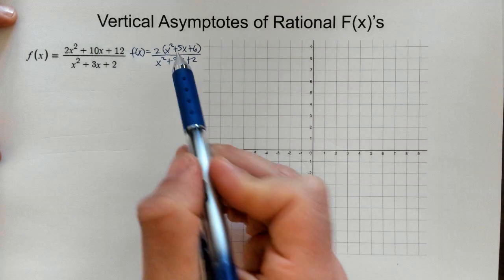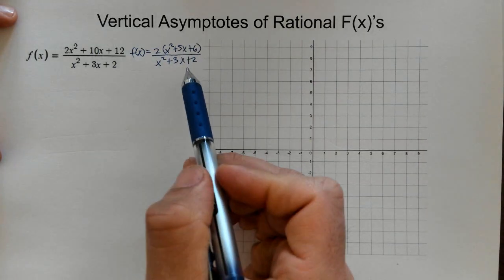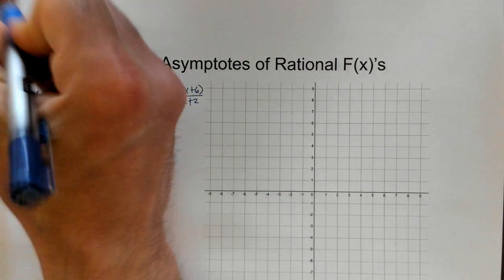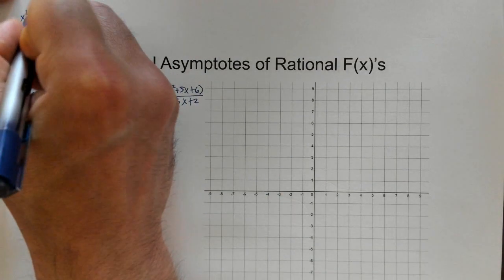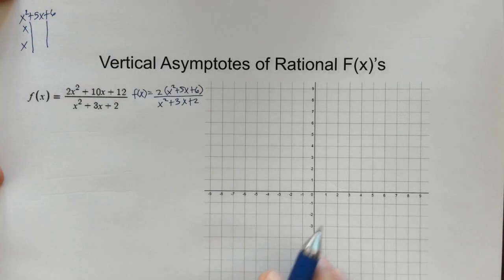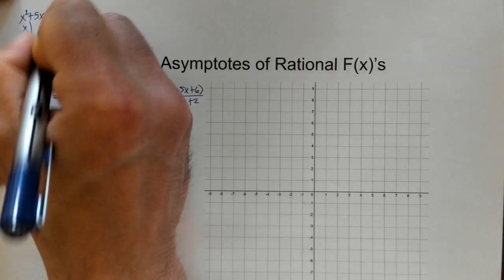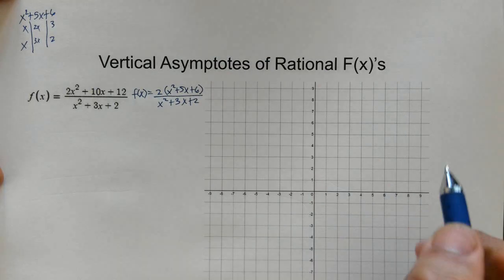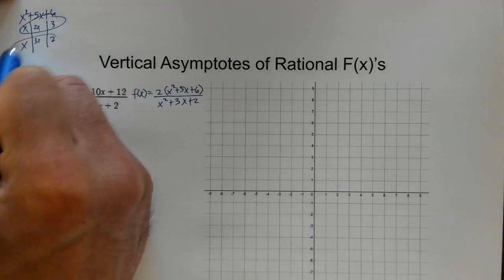Now my goal is to factor the numerator and the denominator, right? Feel free to use the columns if you need them. x times x gives me x squared, and 3 times 2 gives me 6. And at the same time, they cross multiply to 2x and 3x, so that adds up to 5x, right? My factors are x plus 3, x plus 2.